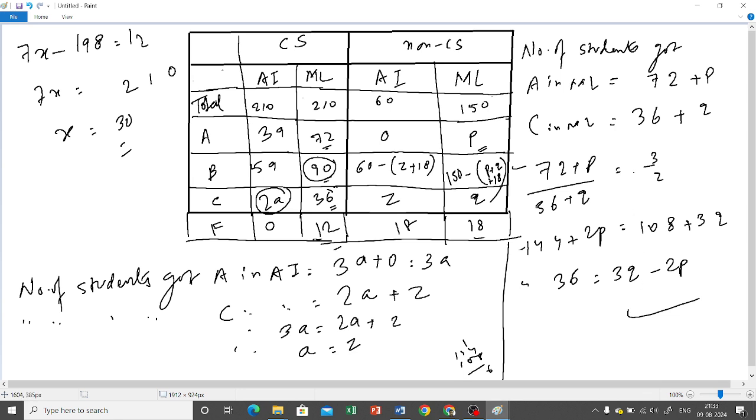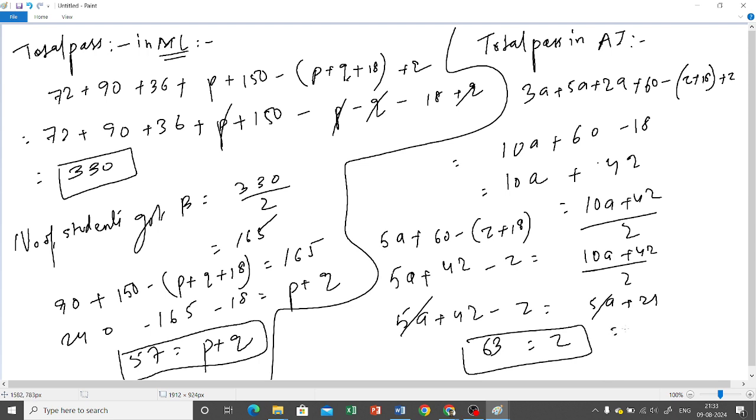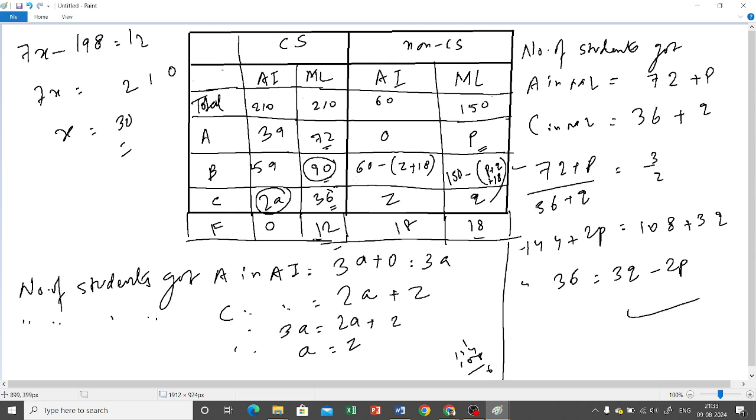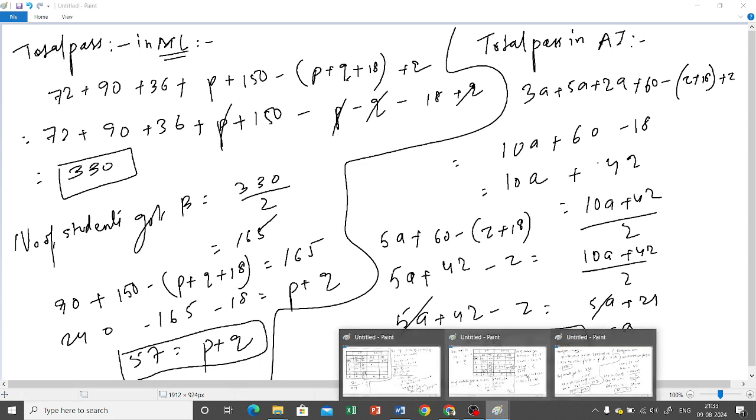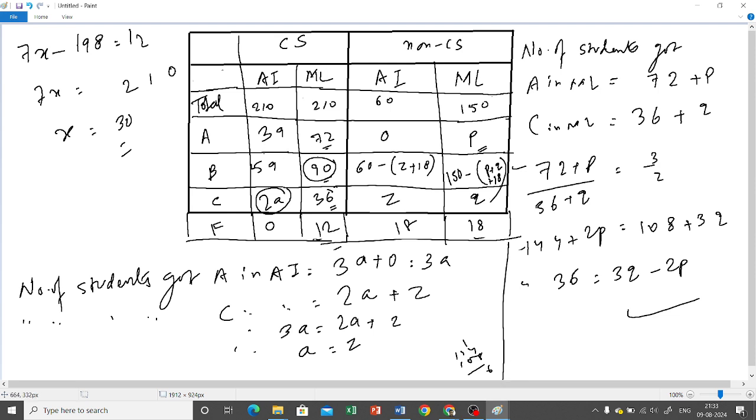Is there any dependent value on z? Yes, a is there. So we got a as well. If we got a, we got everything. Yeah, p plus q is still left, that also we will get. So we got a, we got z, so we can fill up this column. These values we can fill up. We need to get this.